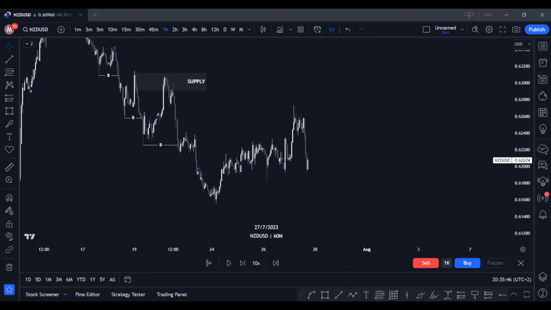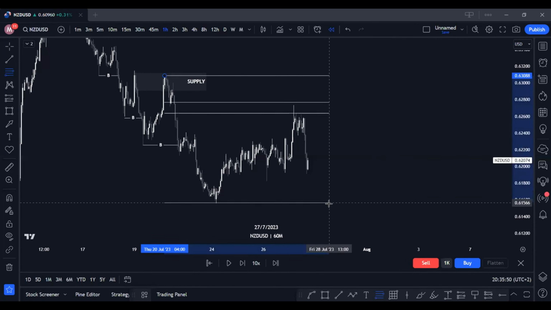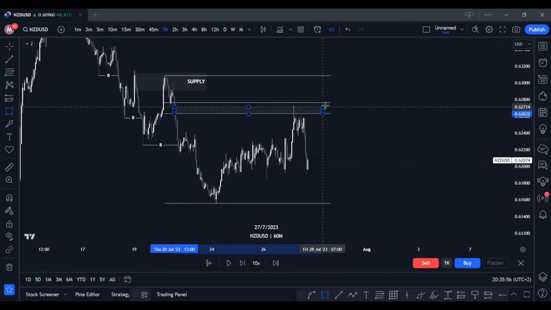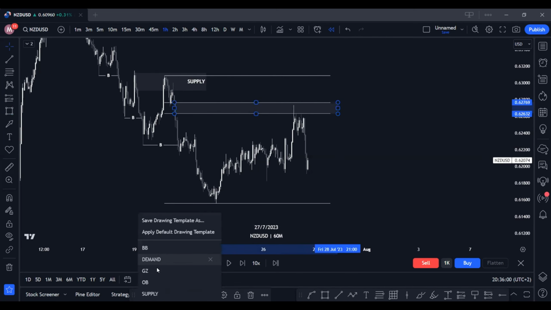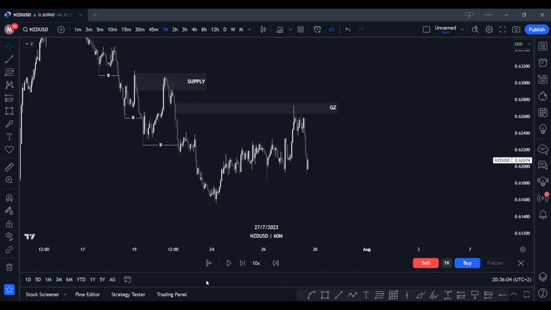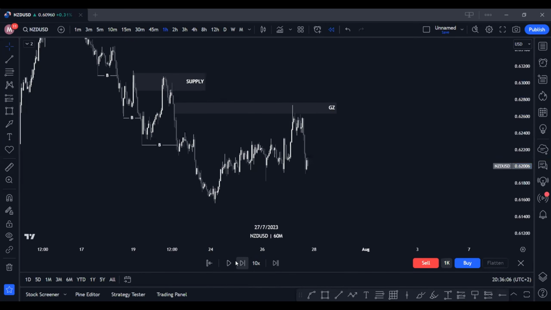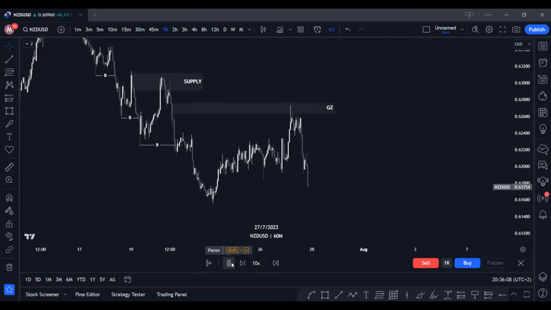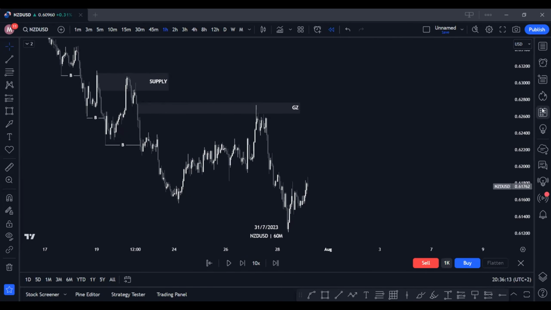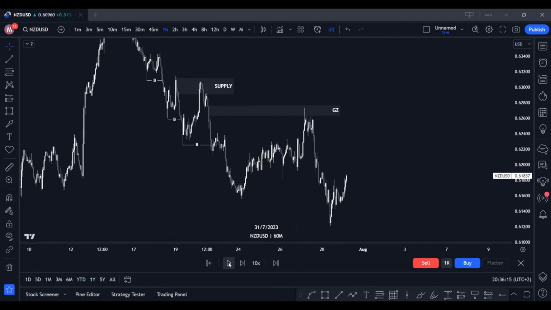And then as you can see, if you place your fib from your low to your high to your low here, price just turned within our golden zone. Now let's play price. As you can see, that's now counter trend number 2.